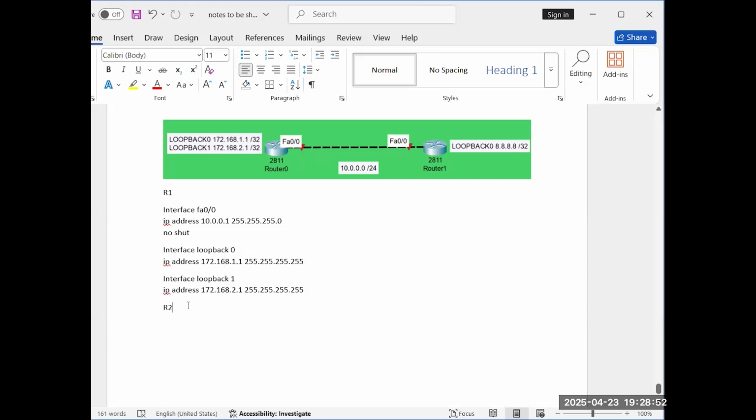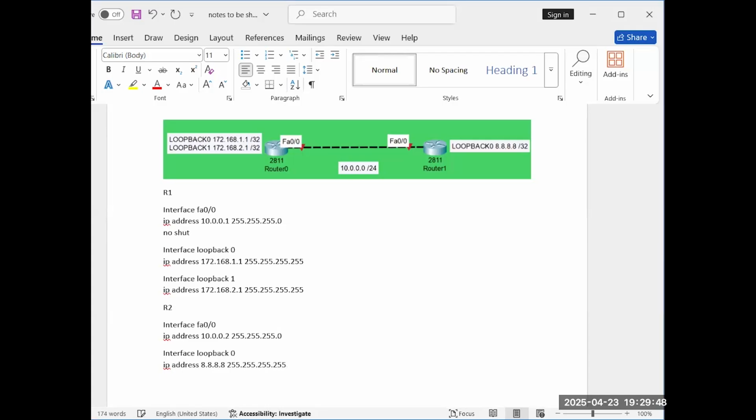Next, similarly, we need to configure the R2 router as well. Interface FA 0/0. I need to put an IP address, and its IP address is 8.8.8.8, with mask 255.